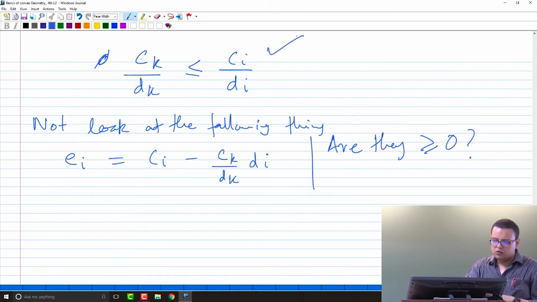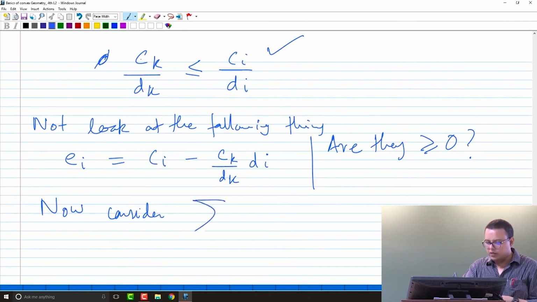Okay. Now, consider the following object, summation ei ai, i equal to 1 to k first.